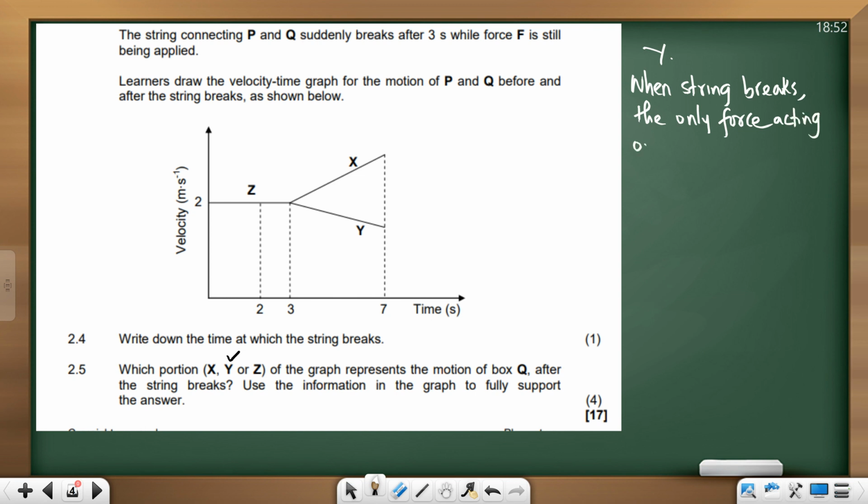Friction. What happens if the only force acting is friction? It decreases the speed. Okay? Therefore, the speed does what?